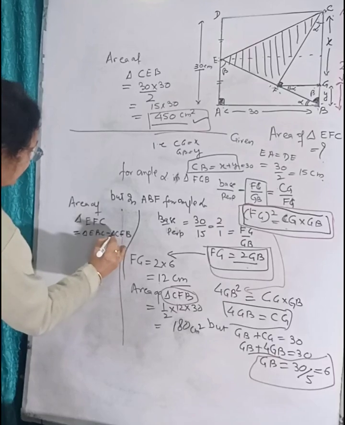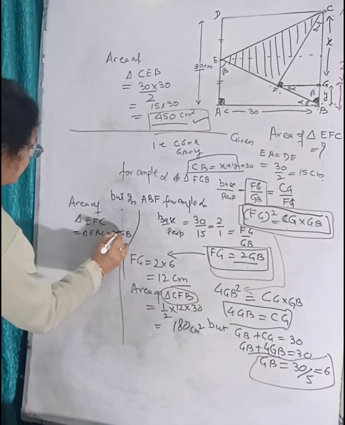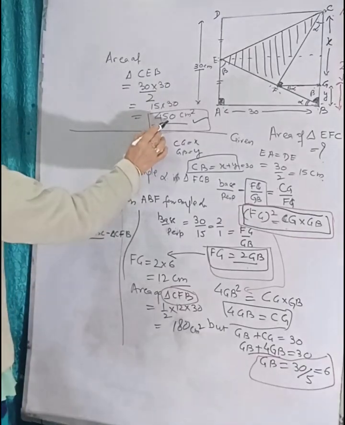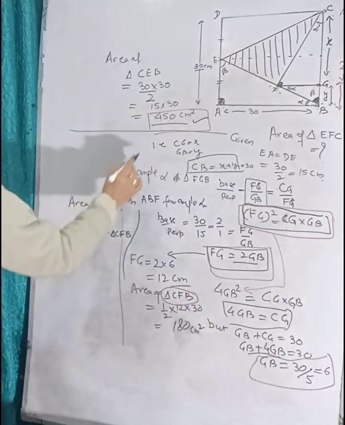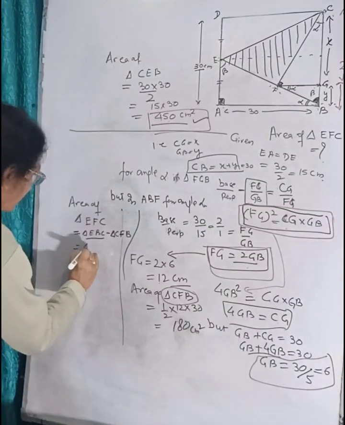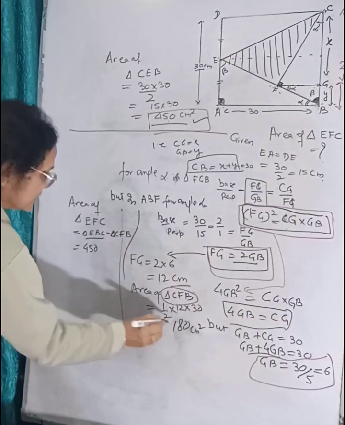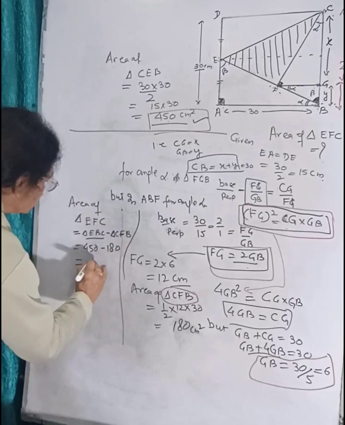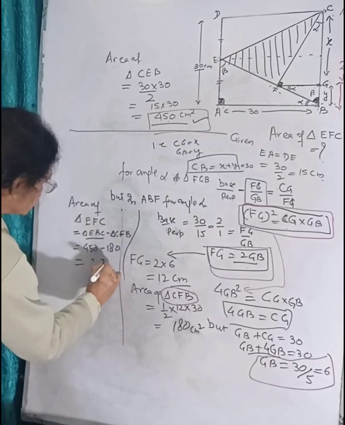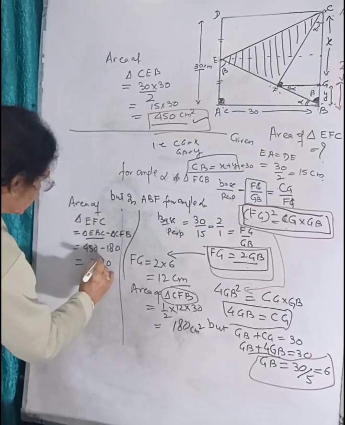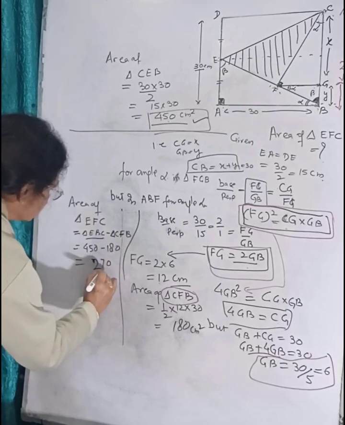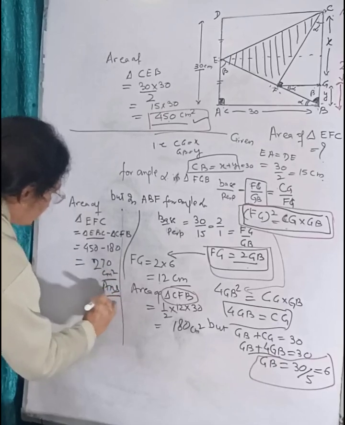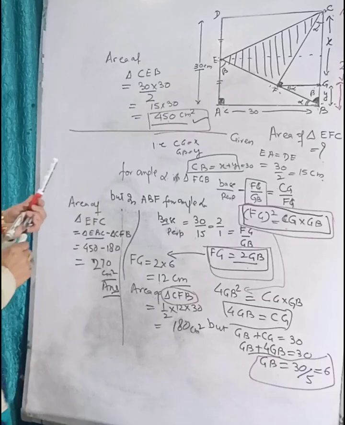Okay, CFB, area of CFB. The EBC was 450 minus 180, that is 270 centimeter square. Answer. This is the answer.